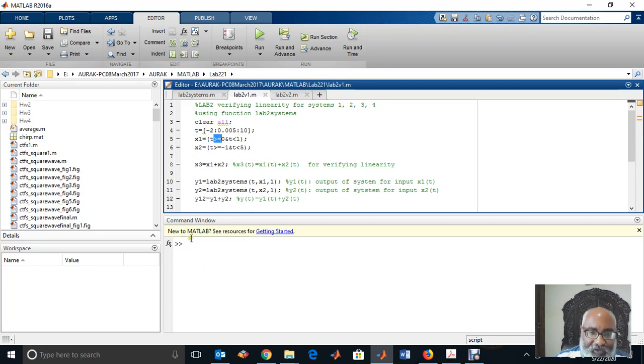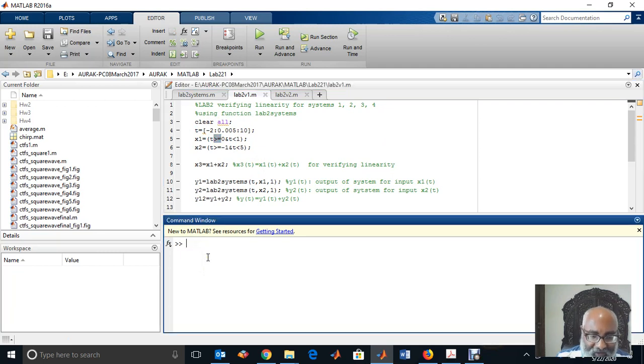logical expression means. For example, if I say t is between -5 and 10, the time step is 1. That means it is -5, -4, -3, and so on until 10.